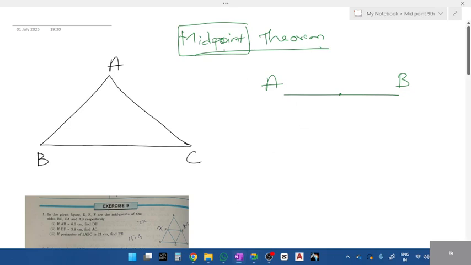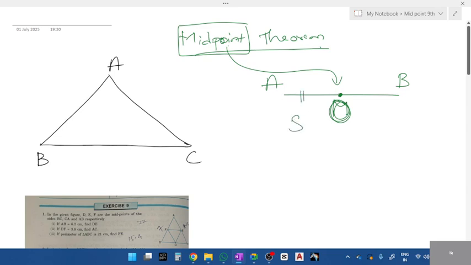Fine. Midpoint theorem, new chapter. For a line, take a triangle, rectangle, anything. The meaning of midpoint is when you take a line, students, this point M, I'll name it as O. O is the midpoint of AB. What do you mean by that? It is exactly in the middle, right? So what will be the length of OB?